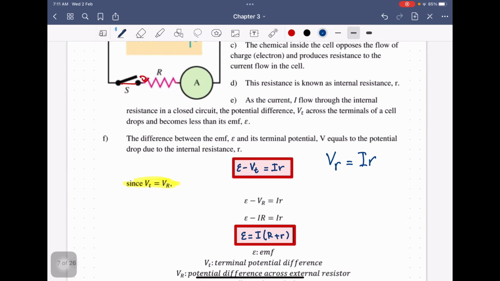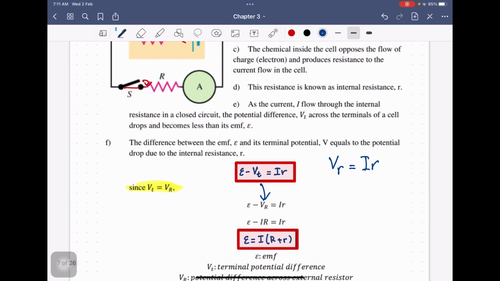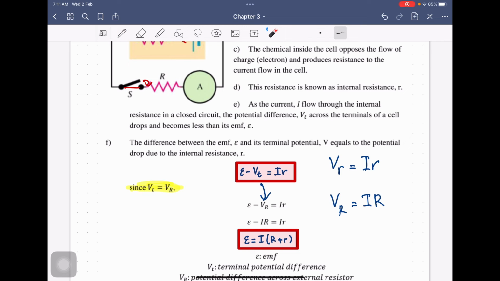So kita boleh rearrange equation VT menjadi VR. VR sama dengan apa? So, VR besar adalah current darab dengan R besar, external resistance. Kalau V across internal resistance mesti darab dengan R kecil. Tapi kalau V across R besar mesti darab dengan R besar.